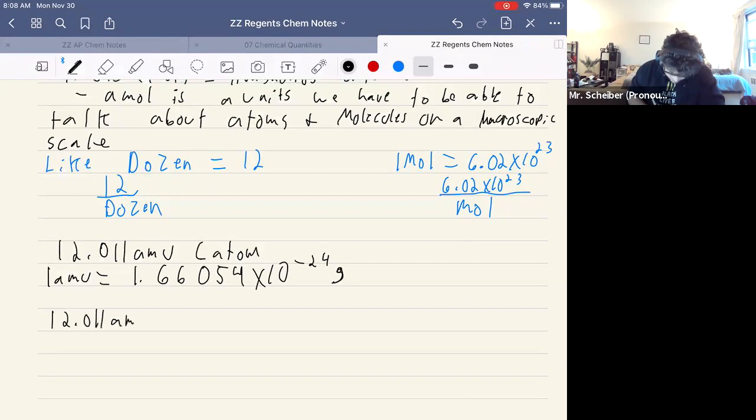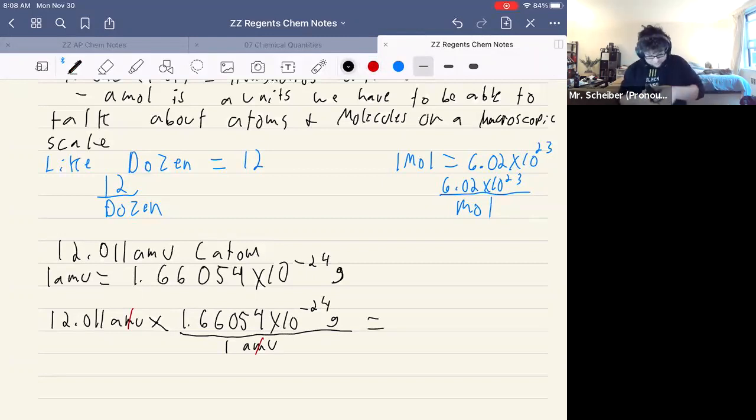12.011 AMU times 1.66054 times 10 to the minus 24 grams per 1 AMU. AMUs cross out.